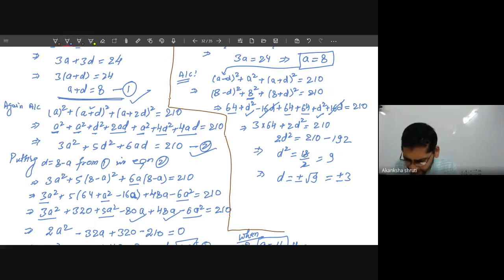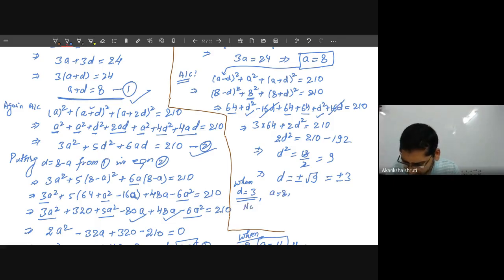तो therefore, so if we are taking d is equals to 3, means when d is equals to 3, what is our a? A is still our 8.